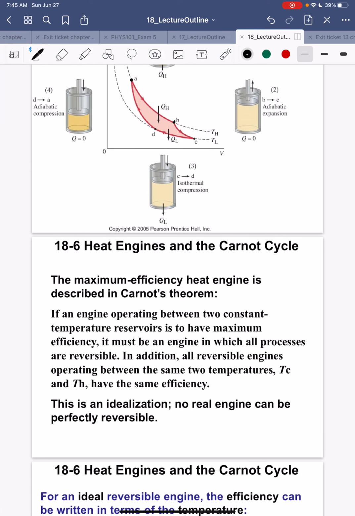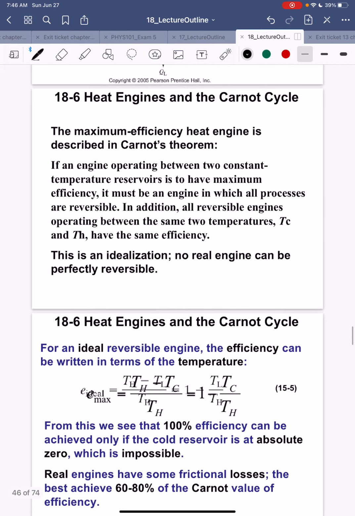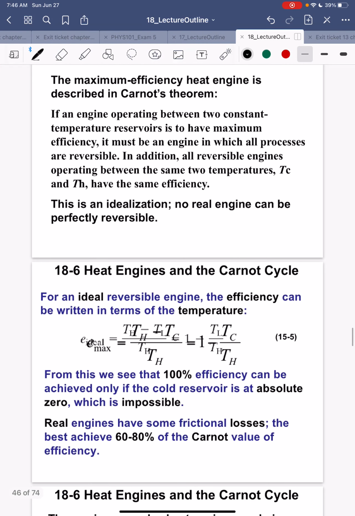Then it depends on the high temperature and the low temperature. And now we can have the maximum efficiency as T hot minus T cold over T hot, which is 1 minus T cold over T hot.